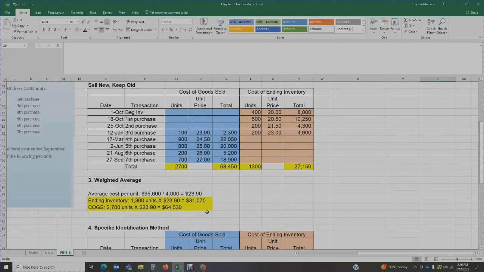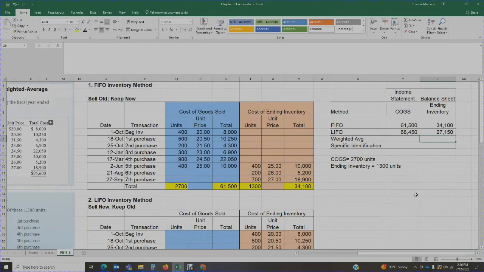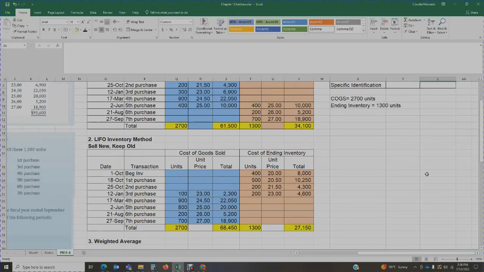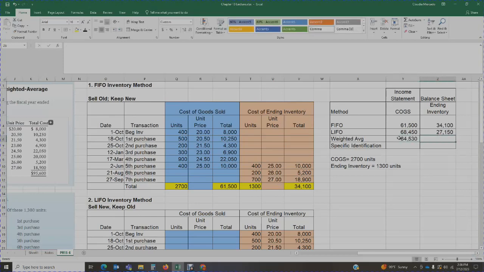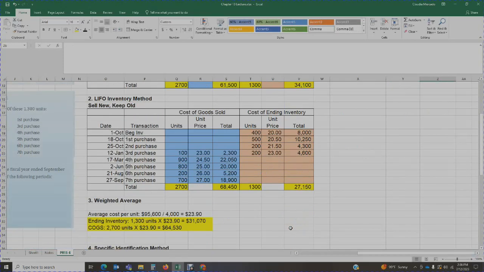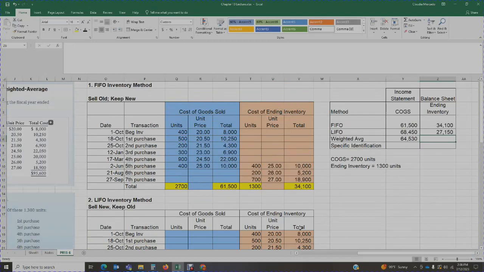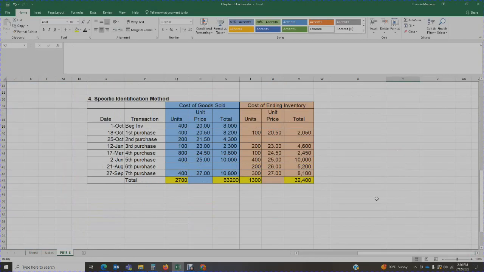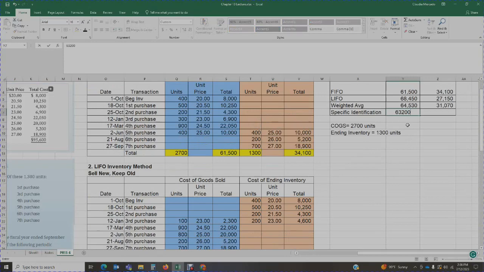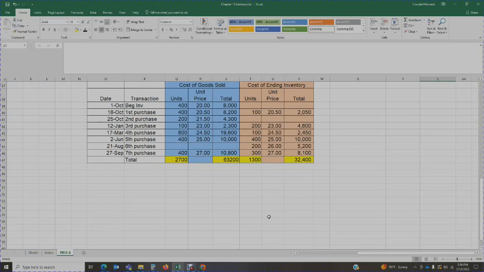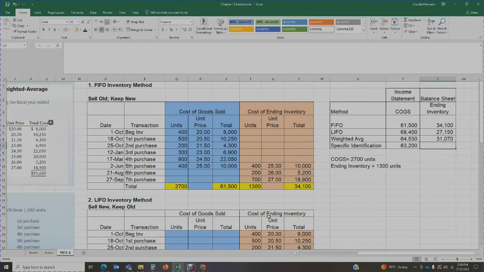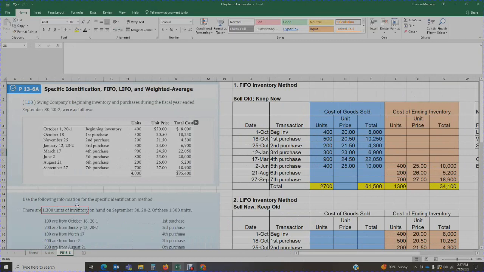For my weighted average, I had 64,530 for my cost of goods sold, and for my ending inventory, 31,070. And then for my specific identification, I had 63,200, and then I had 32,400.